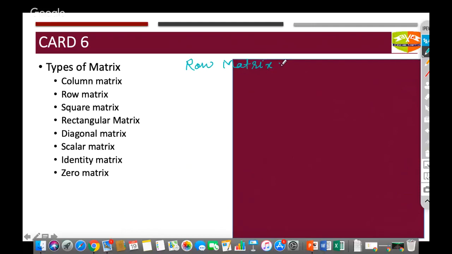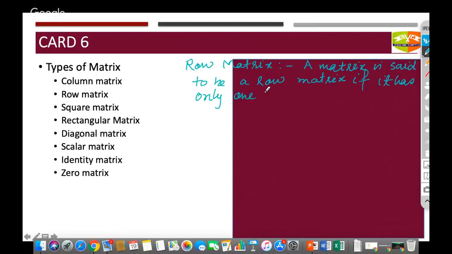So if I have to define this, a matrix is said to be a row matrix if it has only one row.